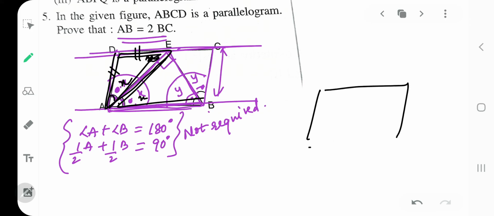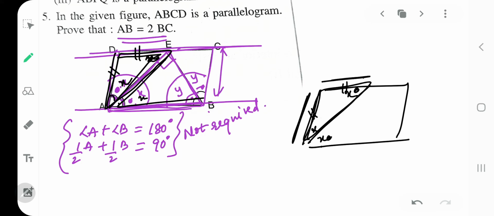I will explain you again. If this is x, this is x, but this is a Z forming angle, this and this, so even this will be x. So now in this triangle they both become x, that means the base angles are equal. That means it's an isosceles triangle, so this part will be equal to this part, opposite sides of an isosceles triangle. So therefore you will write DE is equal to AD. Got my point?